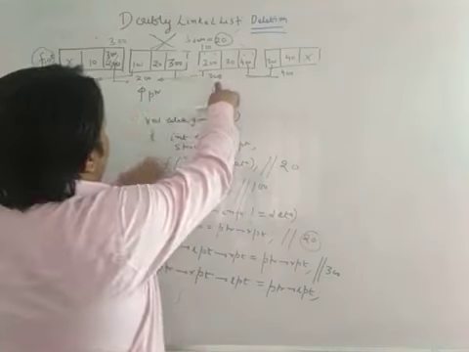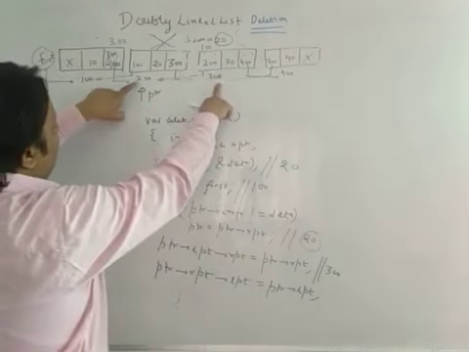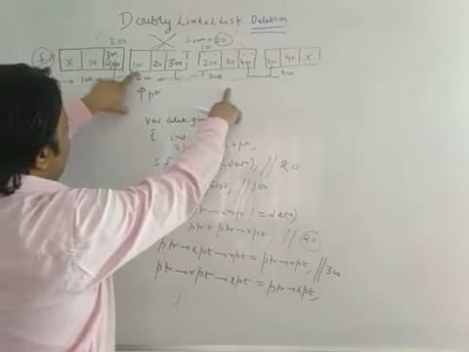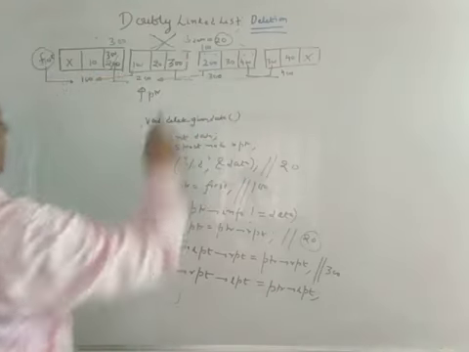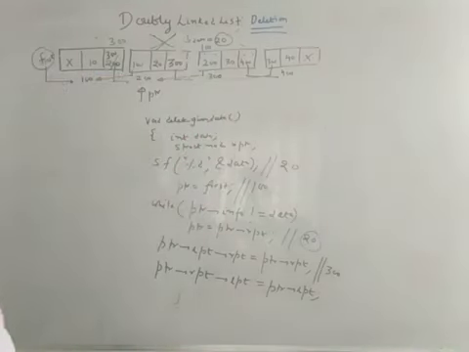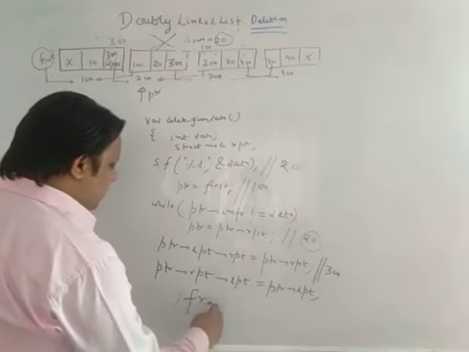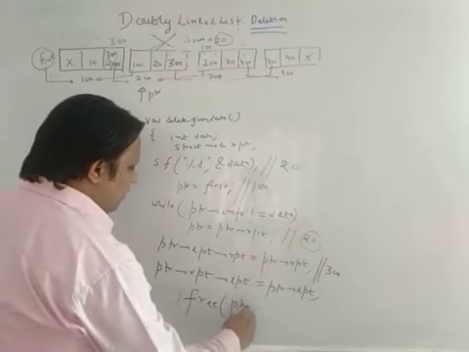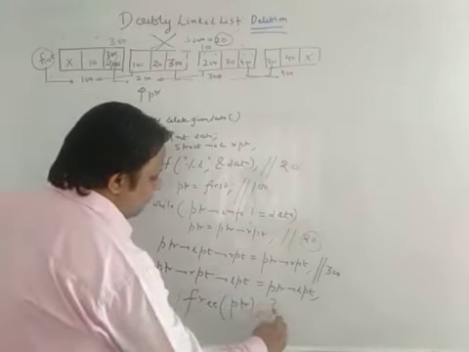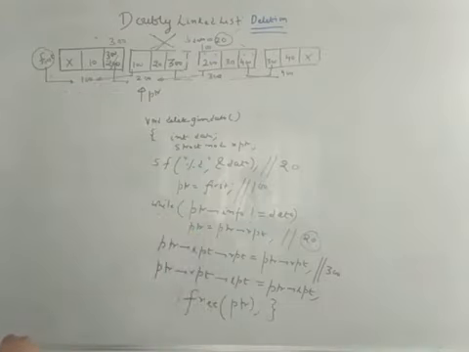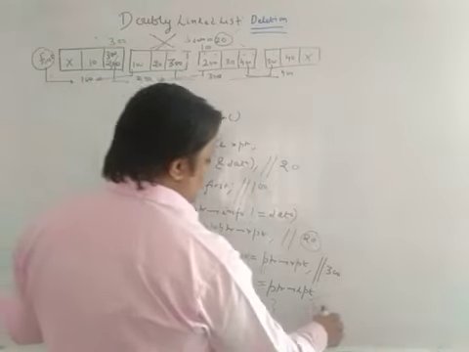So 100 is nothing but your PTR arrow LPT. Or you can write first also. Okay. So this change is also done, and no other extra pointers are required so far. And after this, you can simply free PTR. Right? So here comes your 100.